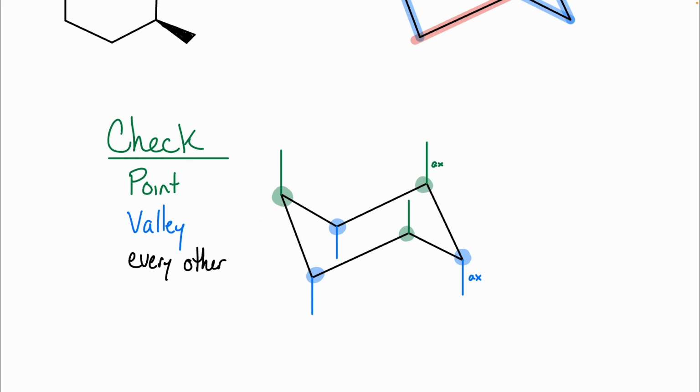And then the 4th bond on each of these carbons we call which position? The equatorial. So they also all have one that's pointed straight out of that ring, what's called the equatorial position.